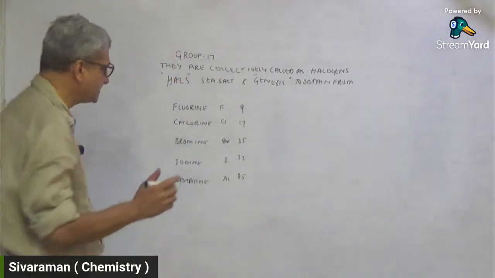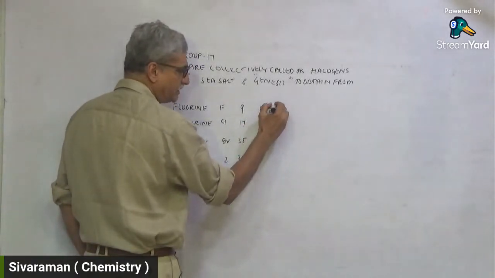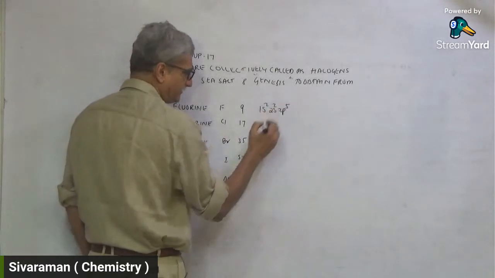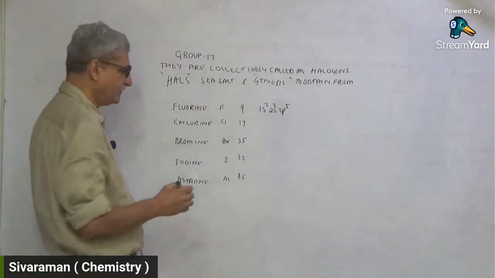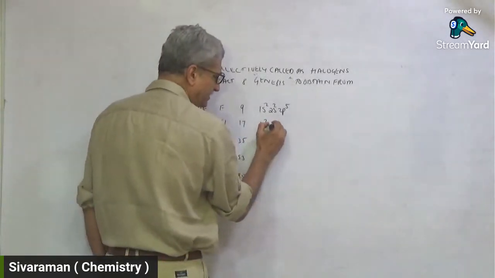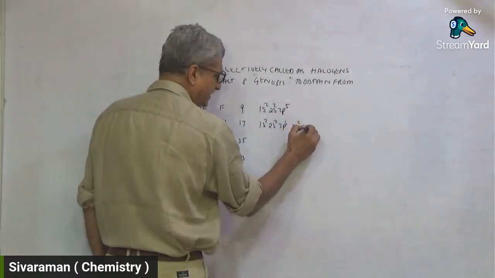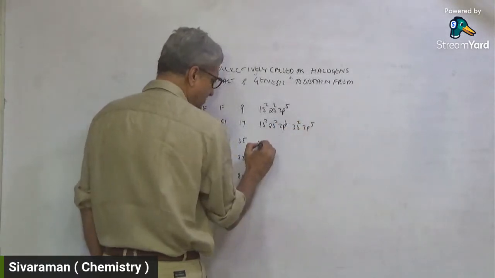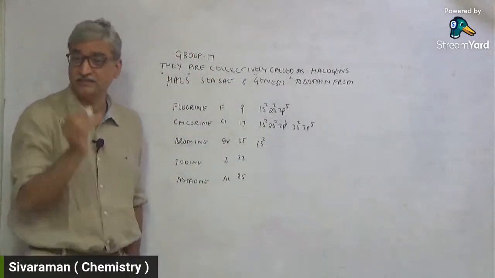So the configuration will be 1s2, 2s2, 2p5. So the outer electronic configuration is ns2 np5. Then we have 1s2, 2s2, 2p6, 3s2, 3p5. Remember, for 21 to 30, the 3d is getting filled.